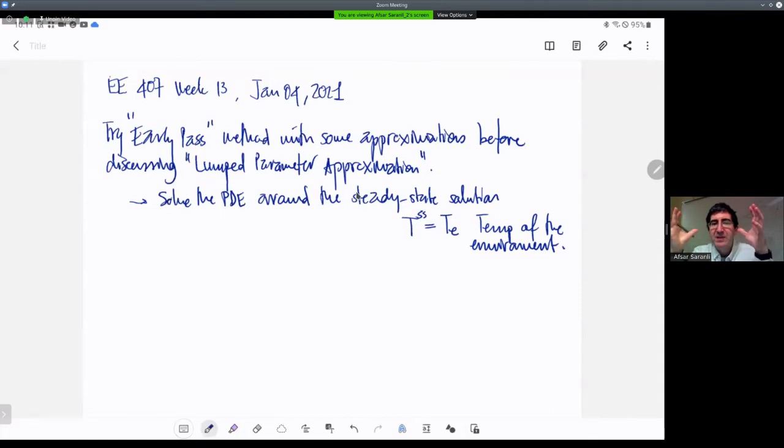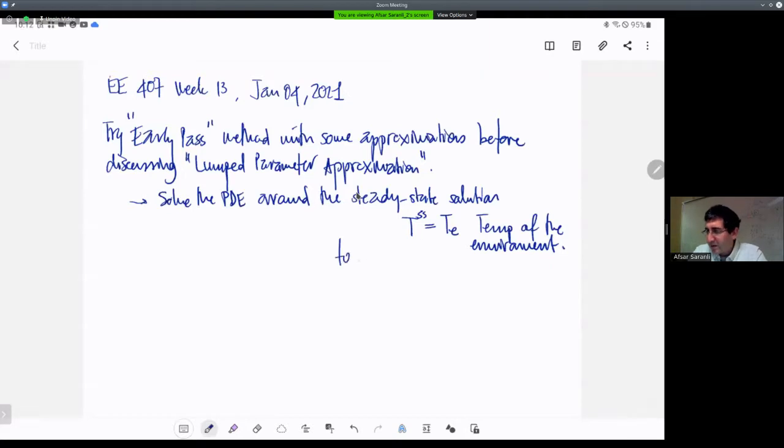So what's going to happen is that we are at steady state, at a non-zero temperature, but we will apply a certain step function at one of the boundaries, and we will see what's happening around the steady state in response to that excitation.